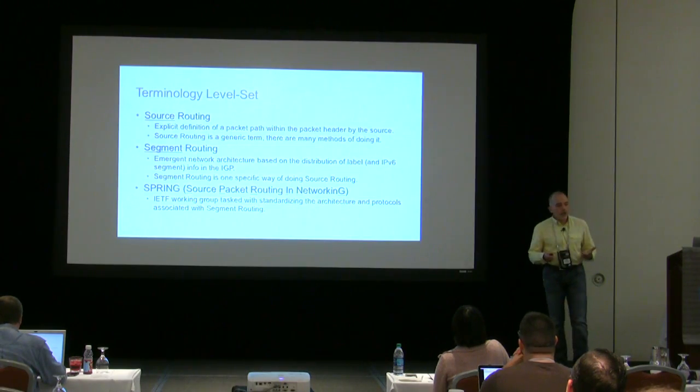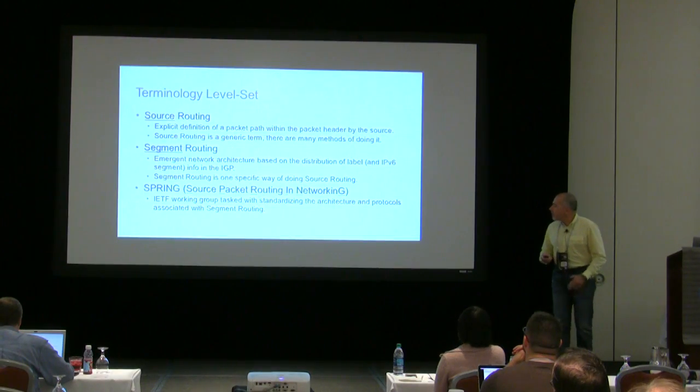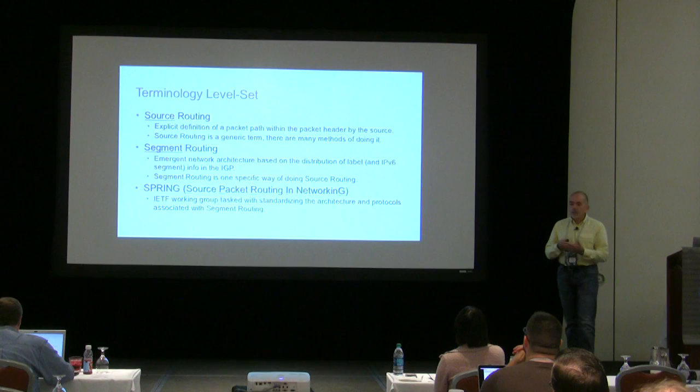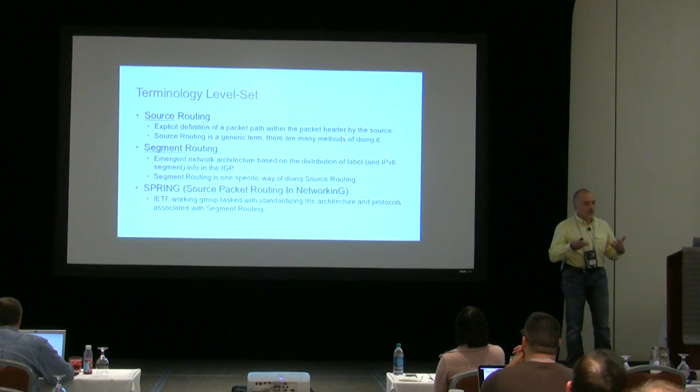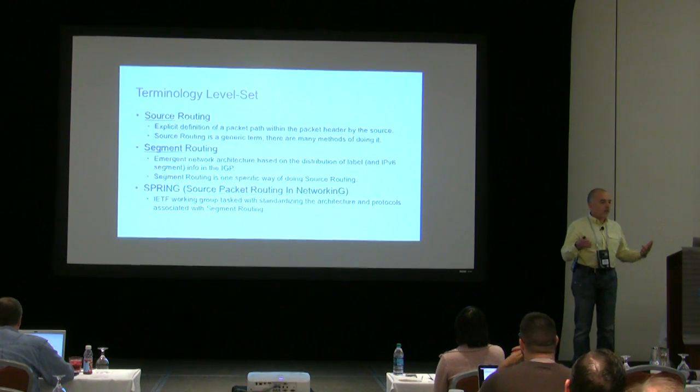Segment routing, on the other hand, is just the most current instantiation of source routing. There's many other ways to do source routing. I'll mention some of them in the next slide. But segment routing is basically about announcing these segments into the IGP and then making them available to everybody, so that an ingress router can then construct a packet header that has a sequence of these segments.